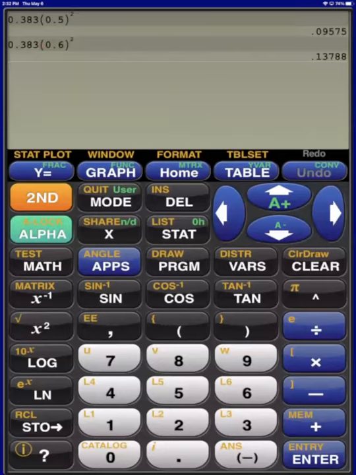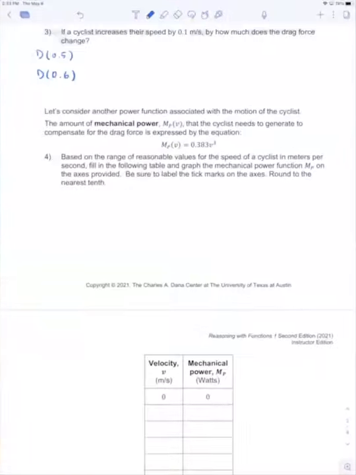So what we're doing is we're going to take 0.13788 and subtract 0.09575, and we get 0.04213. Let's go back to here.